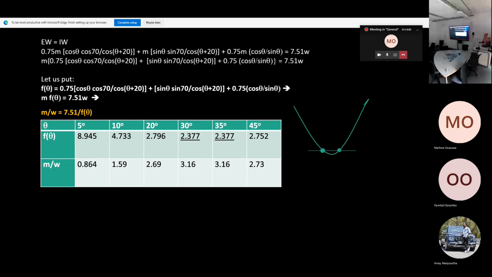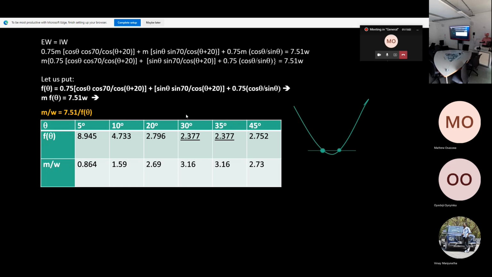Yeah, but because it's an irregular shape, it's going to be less than 45 anyway. Do you agree? So I've taken values of theta in 5 degree steps, so 5, 10, then I've jumped to 20, then 30, 35, 45.